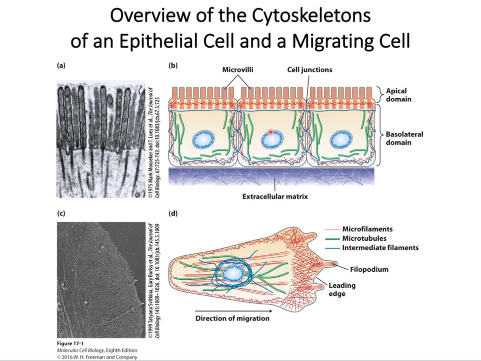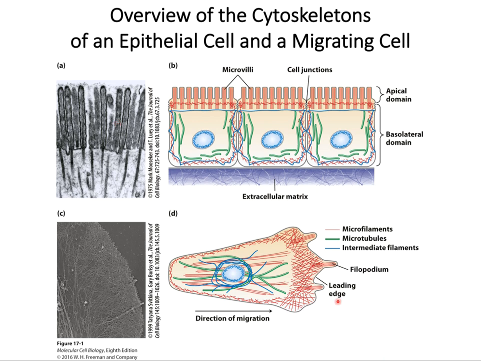So the highly polarized intestinal cell structure with distinct apical and basolateral domains is supported by the cytoskeleton. Core bundles of actin microfilaments provide the support of the intestinal apical cell microvilli. You can see that on the transmission electron micrograph on the top right. These are the microvilli and the actin microfilaments.